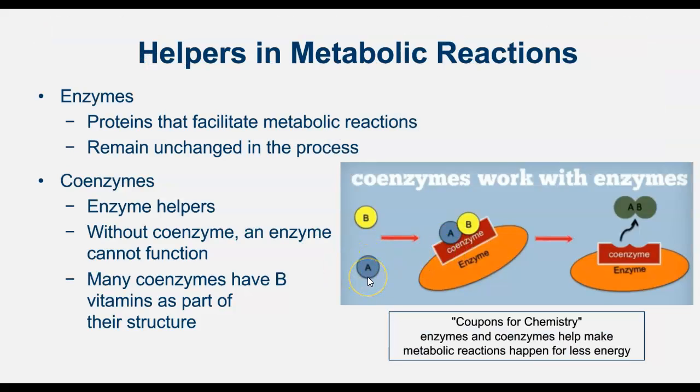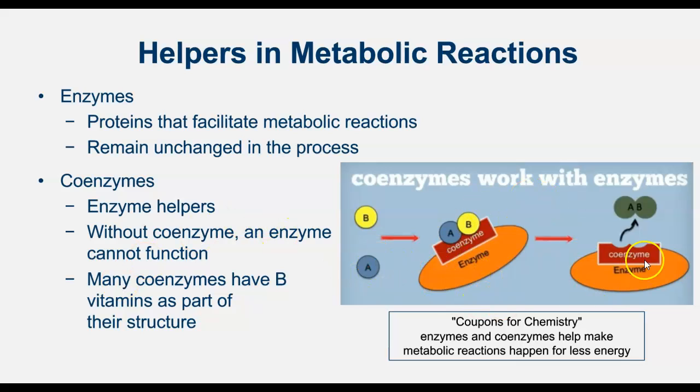And all of this just doesn't happen. We're going to find out how it happens in the next video. But there are things, enzymes and coenzymes, that facilitate these processes. Enzymes remain unchanged in the process.